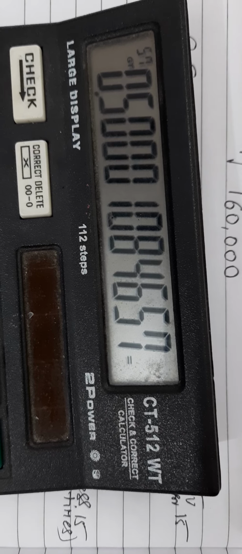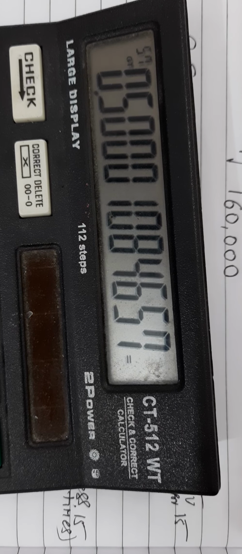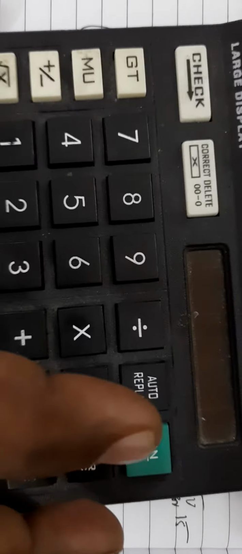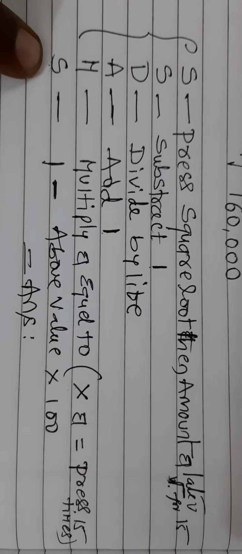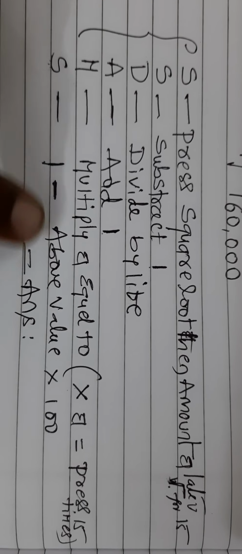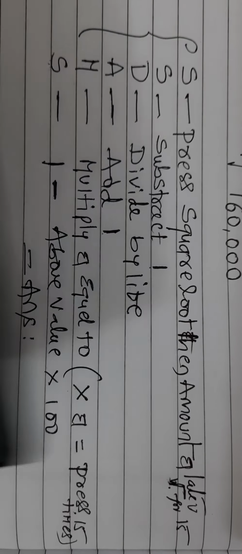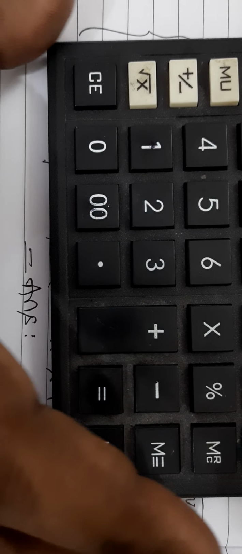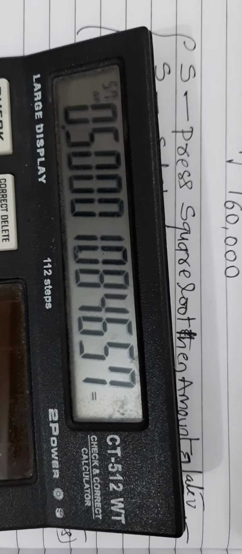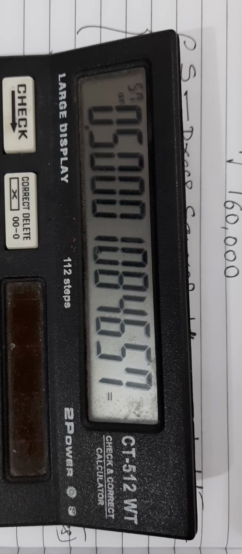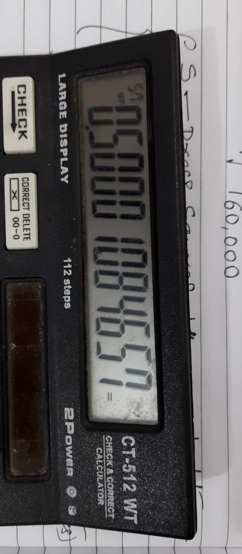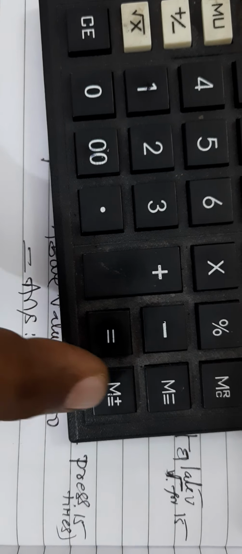After pressing 15 times, this will be displayed on your screen. Before subtracting 1, I store the above value, 0.50001084657, in M plus.